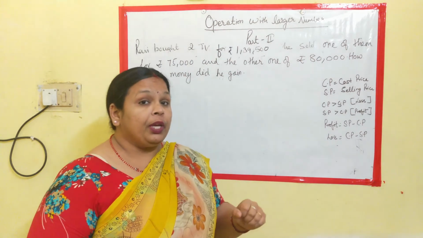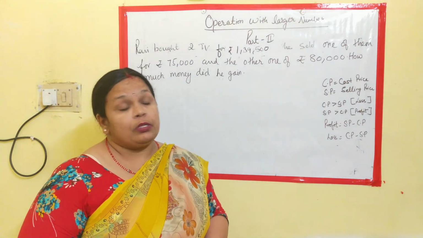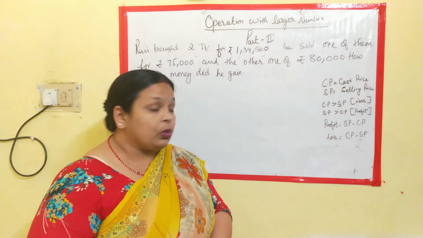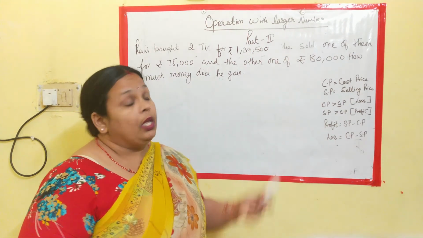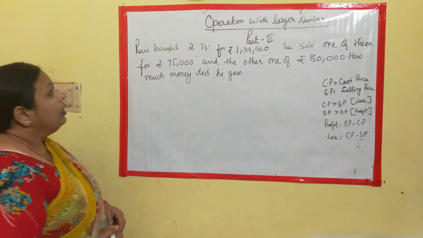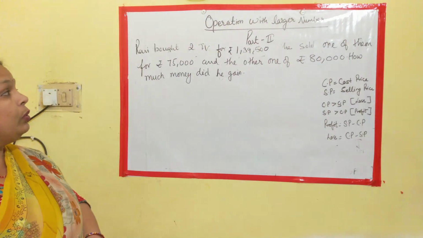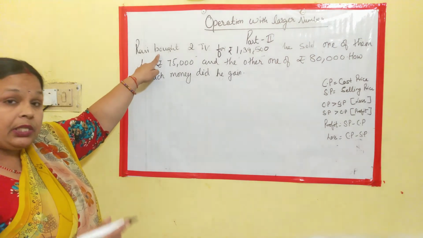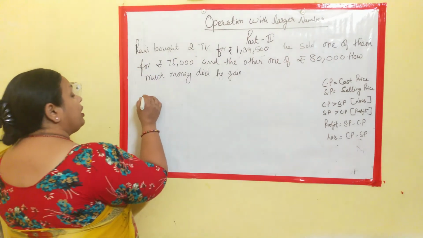Now profit to be calculated is selling price minus cost price, and loss to be calculated is cost price minus selling price. Coming back to our question, Ravi bought 2 TV. Now bought means he has purchased. So what we will be writing?